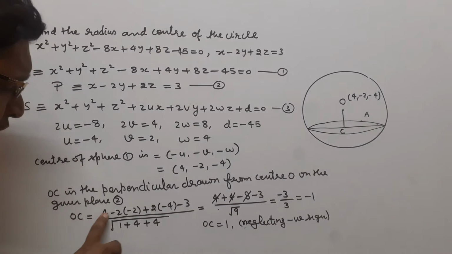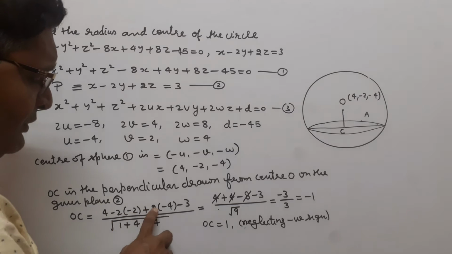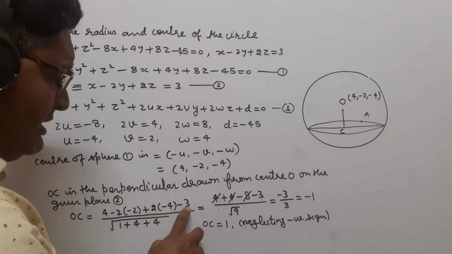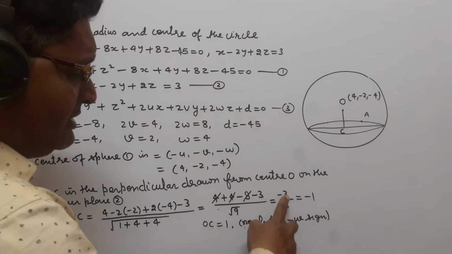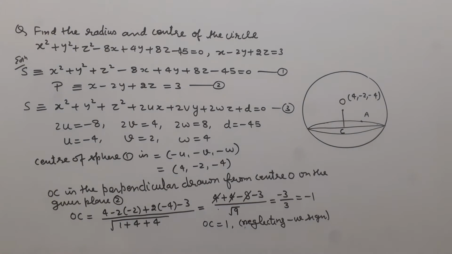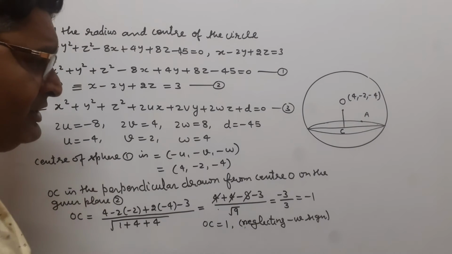And here this is 4, minus multiplied by minus we get plus, so this is 4, plus multiplied by minus is minus, 2 fours are 8, minus 3. So 4 plus 4 is 8, minus 8 cancels out, so minus 3 upon 3, this is minus 1. Now neglecting the negative sign, OC is equal to 1 here.